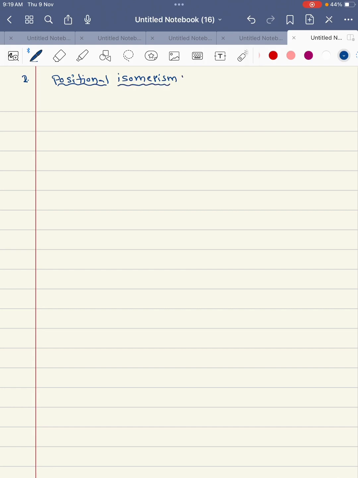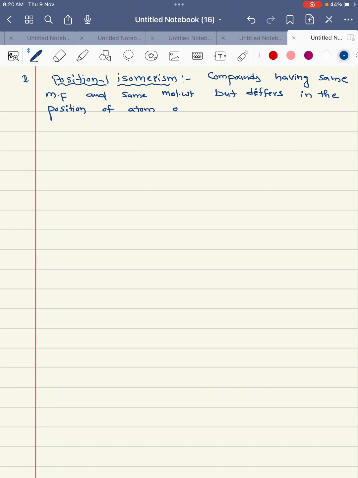Dear students, what is the common statement that will come here? Compounds having the same molecular formula, MF, and the same molecular weight, but differing in the position of an atom or group, or even multiple bonds.